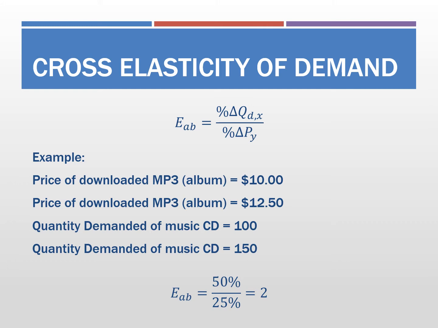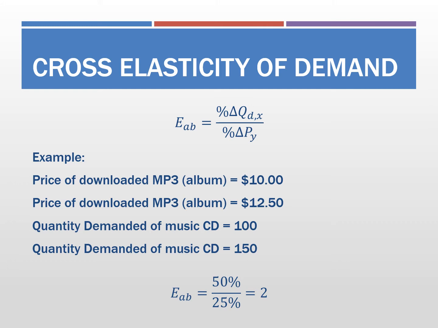Here we have the cross elasticity of demand, telling us the coefficient equals 2. The interpretation is pretty much the same, but you have to be careful about what is changing and causing the other variable to change.